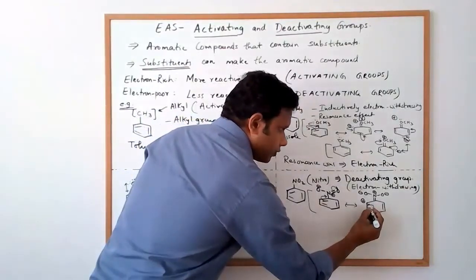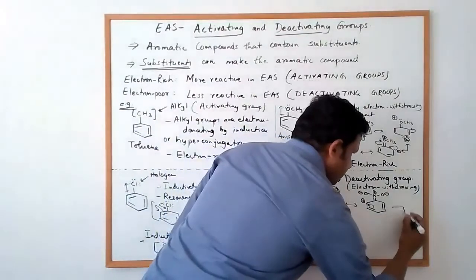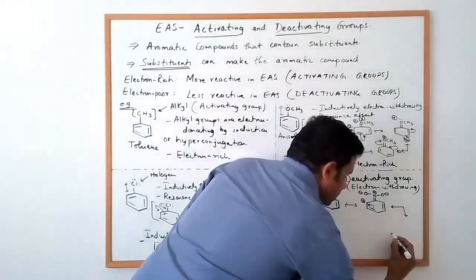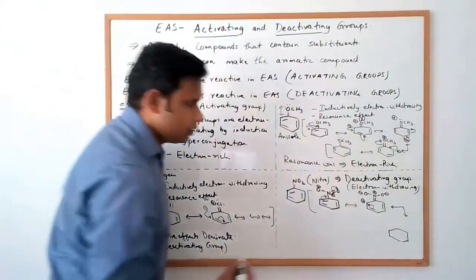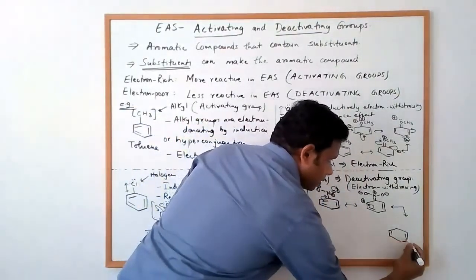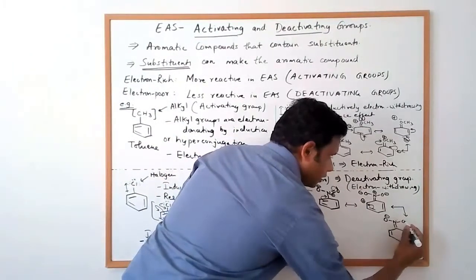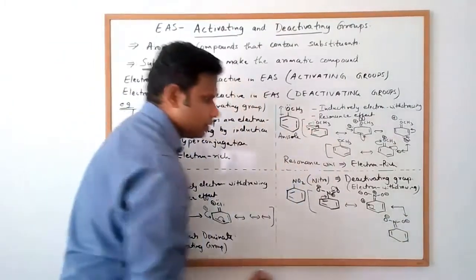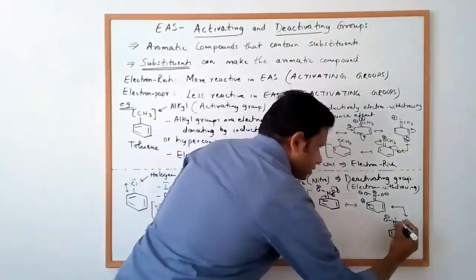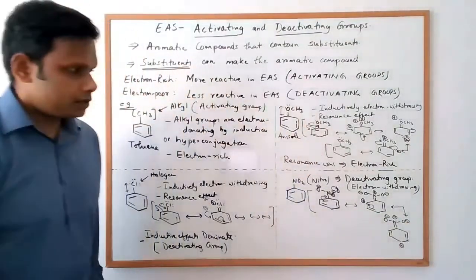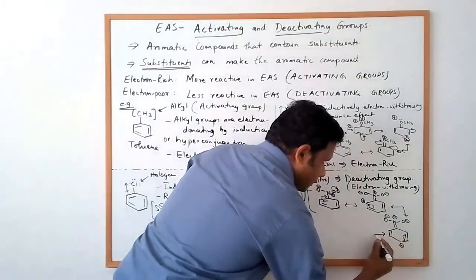And now we can do further resonance. So our next resonance form is going to be double bond here, double bond here, double bond to the nitrogen, oxygen, oxygen, negative charge, and positive charge here. Positive charge still on the nitrogen. And further resonance is possible.